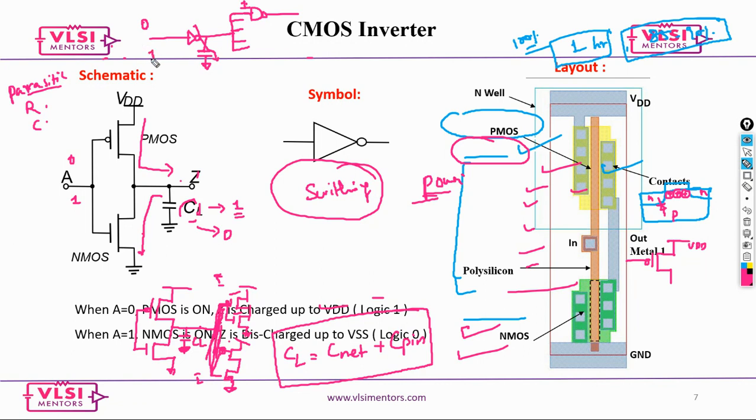This NMOS would turn on, and all these fan outs, the node would be discharged to 0. In case of charging, it is going to be something like this.